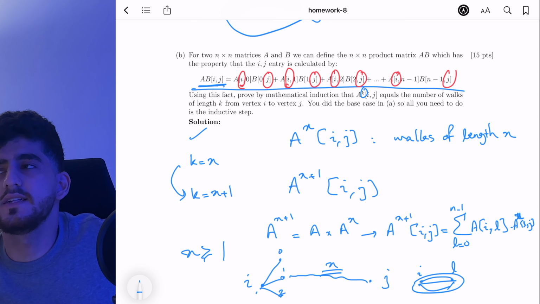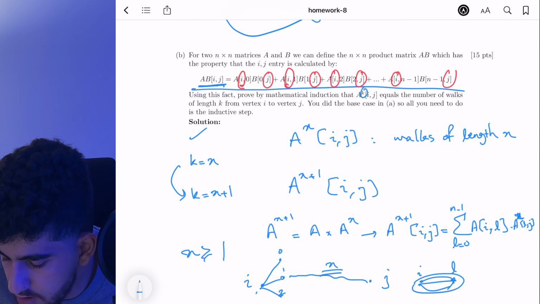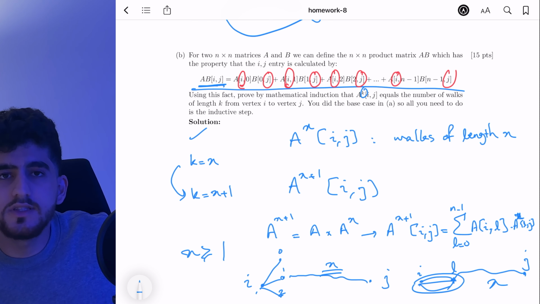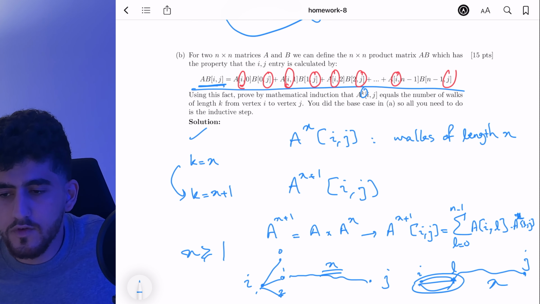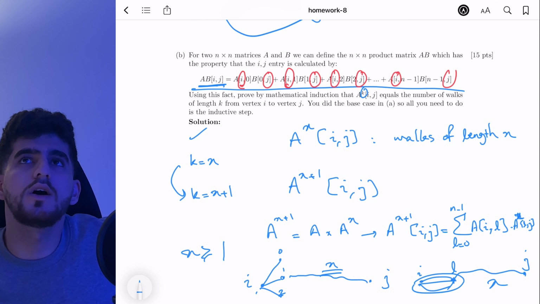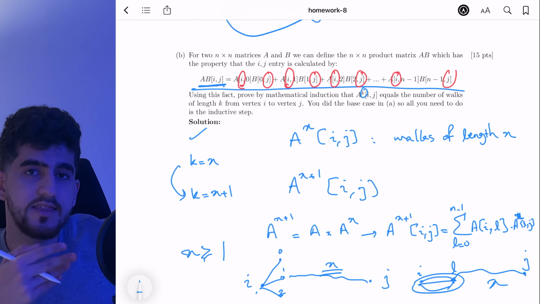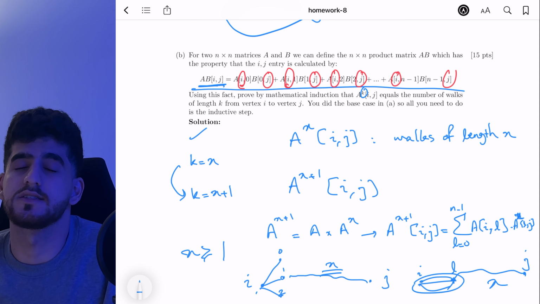It is the number of ways to go from i to l with one step. And then from l, we see how many ways we have to go from l to j with x steps. This way I formed a walk of length x plus 1. A walk of length x plus 1 is a walk where I first go one step with one edge, and then from there I have x additional steps.